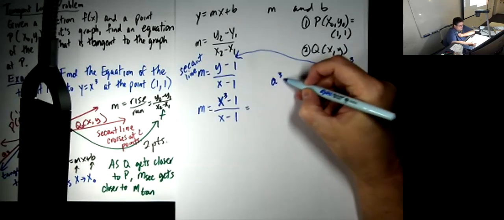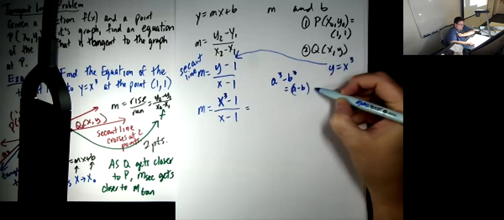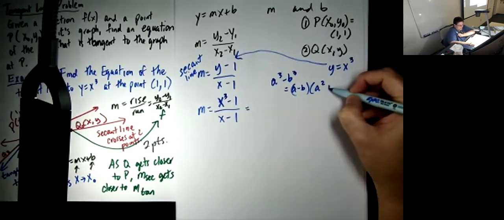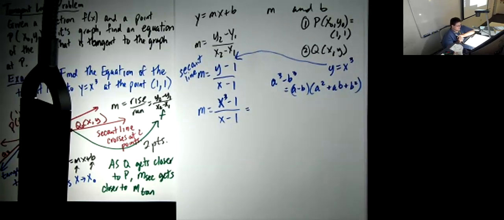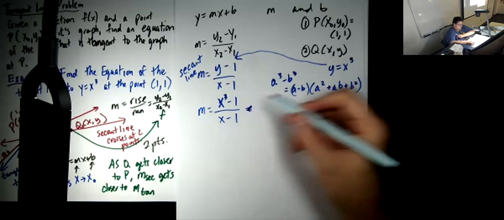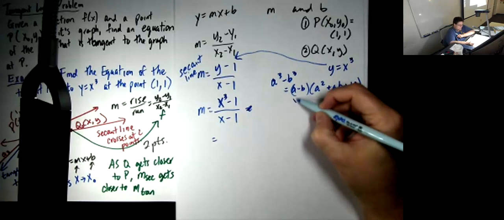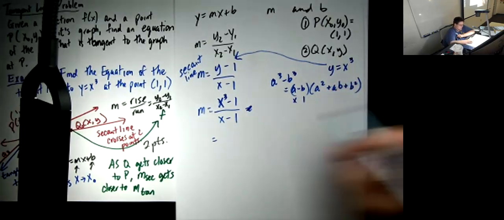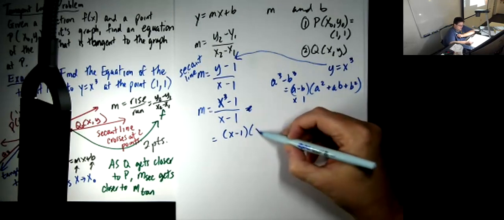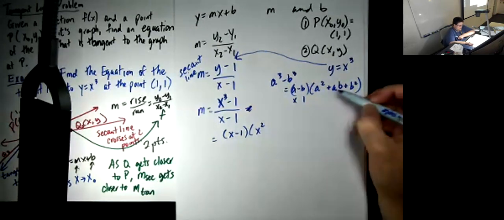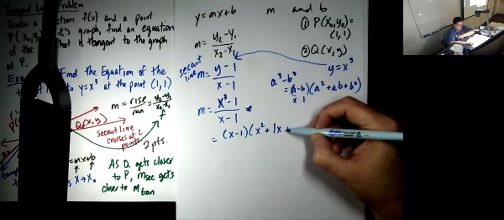A cubed minus B cubed is A minus B times A squared plus AB plus B squared. So if I do that here, A is x and B is 1. I've got x minus 1 times x squared plus AB, which is 1 times x, plus B squared, which is 1.